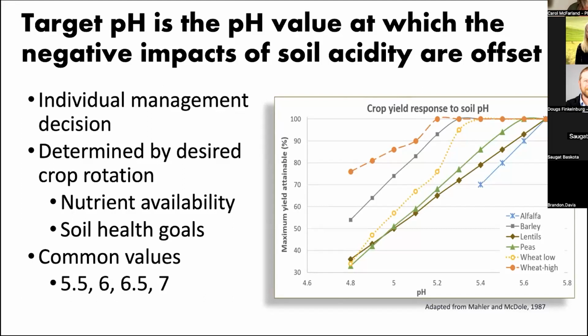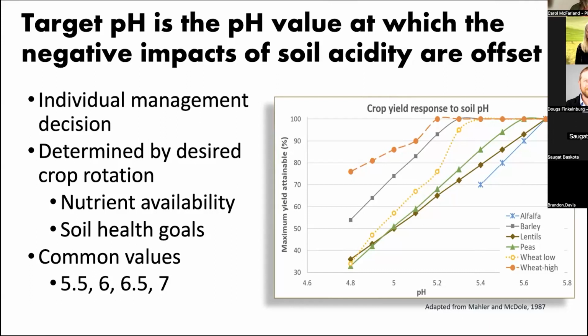One of the things that we can keep in mind is this work done by Mahler and McDowell, who you saw in the Schroeder-Finklenberg presentation previously. So here we have the various crops, including varietal effects in wheat, where you have low aluminum or low pH tolerance versus high pH tolerance response.